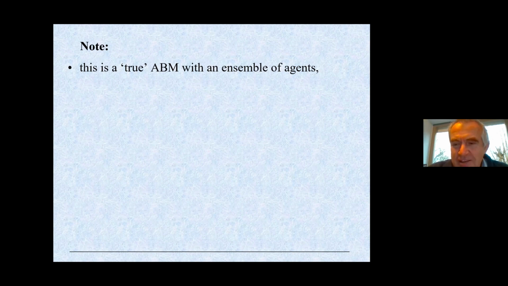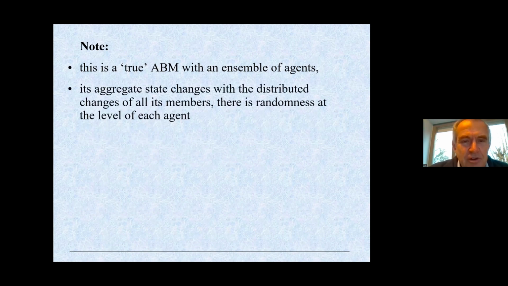When I simulate this model, I really simulate an ensemble of agents. There's no shortcut. It's really an ensemble of, say, 100 or 1,000 agents that are switching back and forth between optimism and pessimism, bearish and bullish behavior, according to the rules on the last state. The aggregate state of this model changes with the distributed changes of all its members.